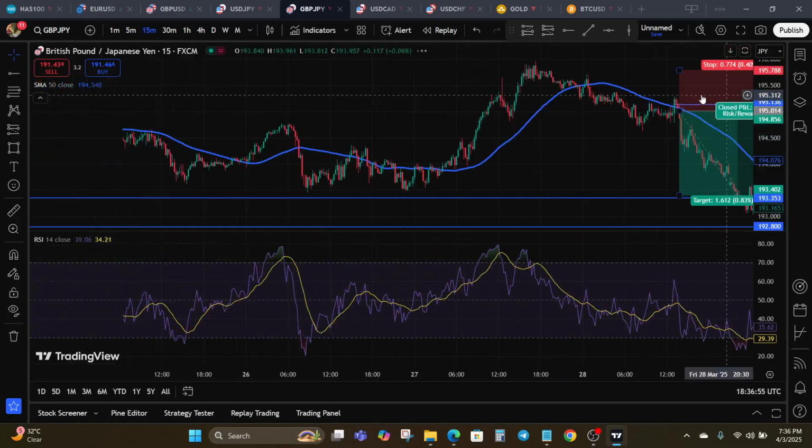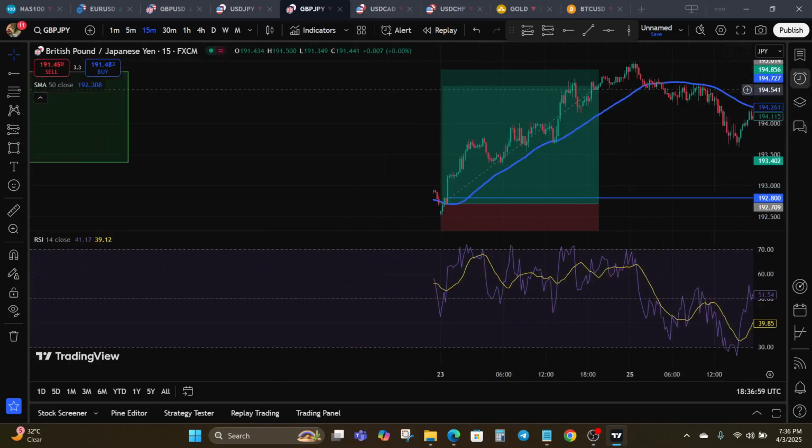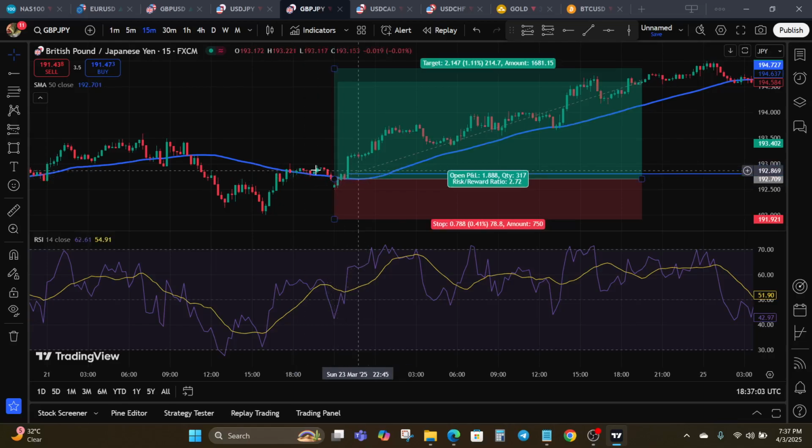Get your confirmation from candlestick pattern. If you want to enter a buy trade, you look for bullish candlestick patterns around the moving average, which is acting as a dynamic support. Once you get a confirmation, you can go ahead to enter your trade. So that is how you trade with the RSI and SMA strategy. This method is simple, but highly effective when used correctly.